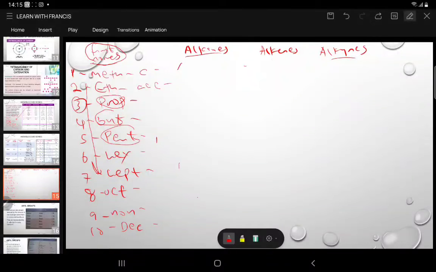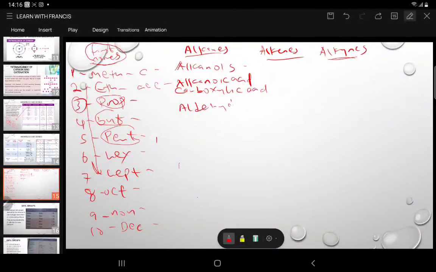We've talked about alkenes, alkynes. Now we have alkanols. These alkanols, some people call them alcohols. We have alkanoic acid, or carboxylic acid. We have aldehyde or alkanal. These are all different families.